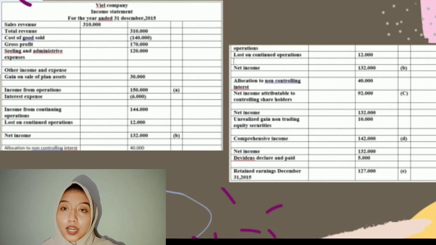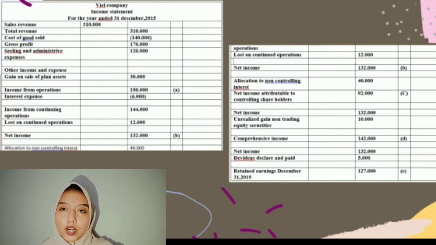Next, we look for net income. Income from continued operation 144,000 minus loss in continued operation 12,000, and net profit is 132,000.